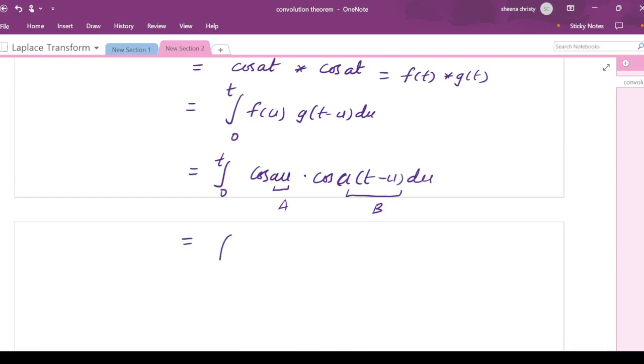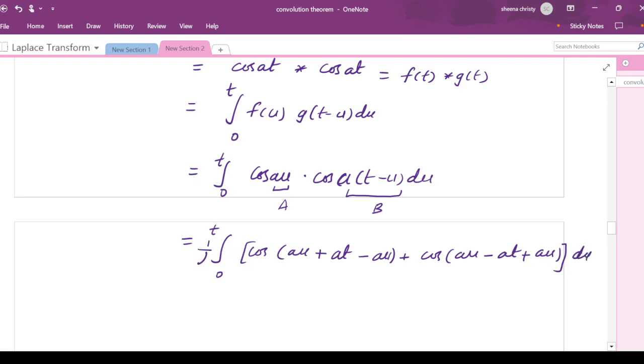Here you are going to have integral 0 to t cos of au plus at minus au plus cos of au minus at plus au into du, into 1 by 2.